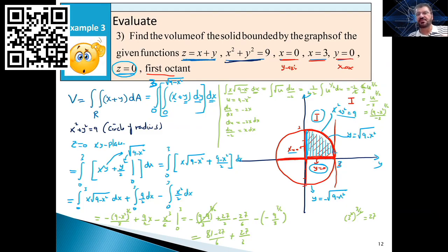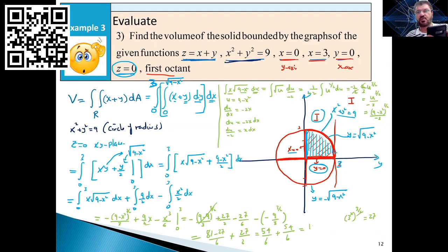All right, so this is what we have so far. And the least common denominator between these, so let me find it. We have 81 minus 27 is 54. So we have 54 divided by 6 plus, if I multiply 27 by 2, it is 54.